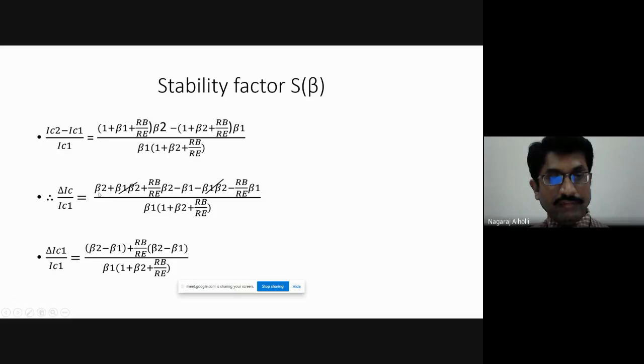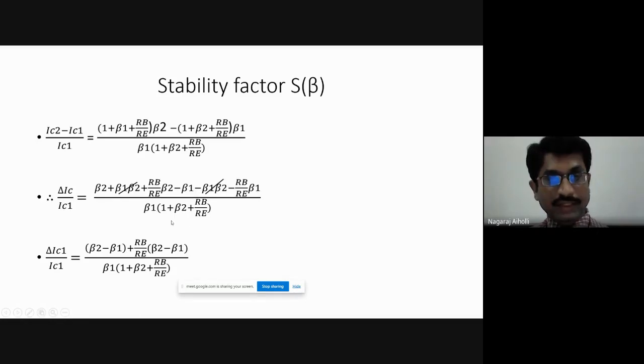So what remains is beta 2 minus beta 1, plus RB by RE is common here, RB by RE into beta 2 minus RB by RE into beta 1. Take RB by RE common, plus RB by RE multiplied by beta 2 minus beta 1, divided by the same denominator, beta 1 into 1 plus beta 2 plus RB by RE.